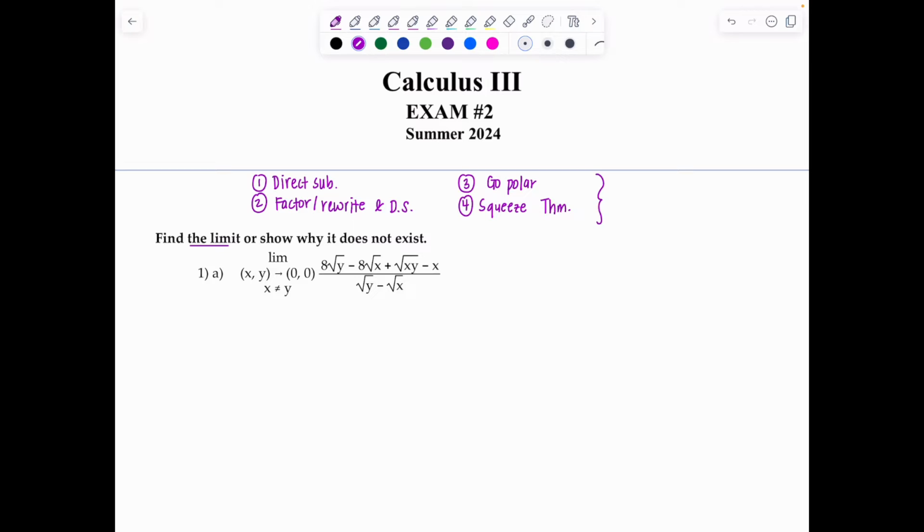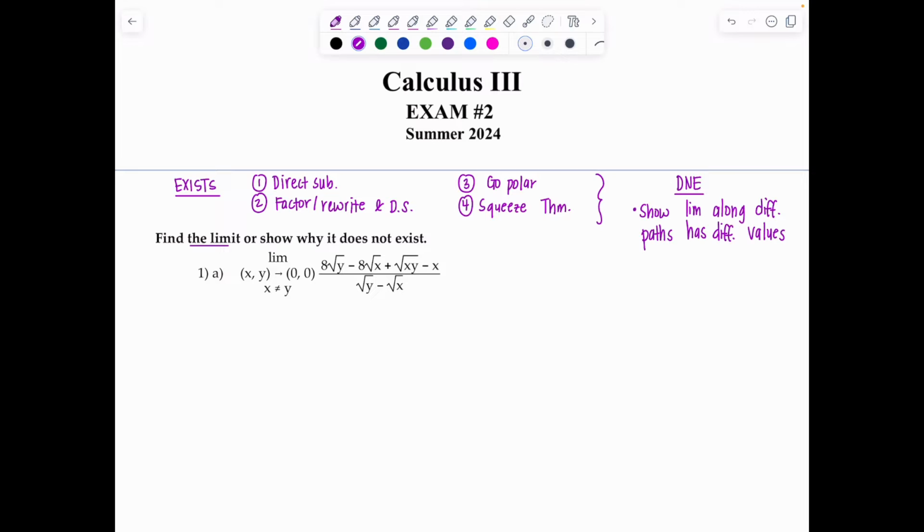When you show that a limit does not exist, that's when you show that the limit along two different paths has different values. That is never the way to show that a limit does exist. So this is to show that it exists as a finite number.